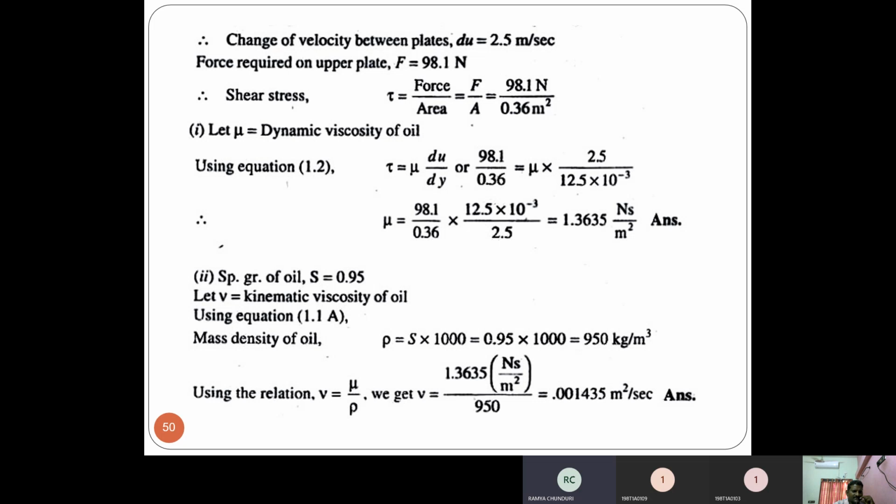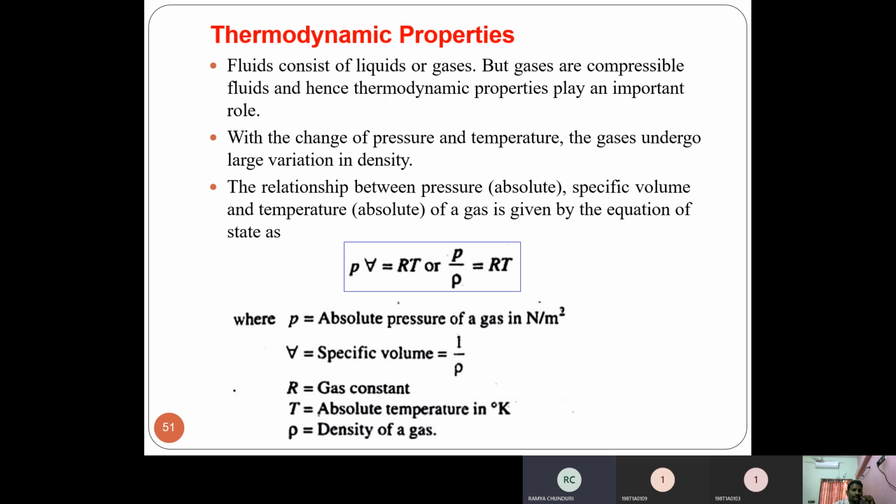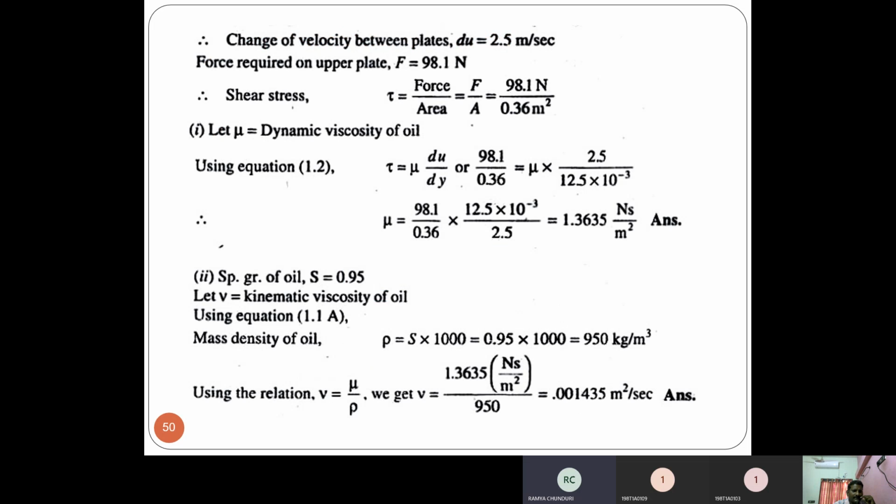And what he asked, kinematic viscosity. Specific gravity of the oil is given, equal to 0.95. Let nu be the kinematic viscosity of the oil. What is the expression for density in terms of specific gravity?